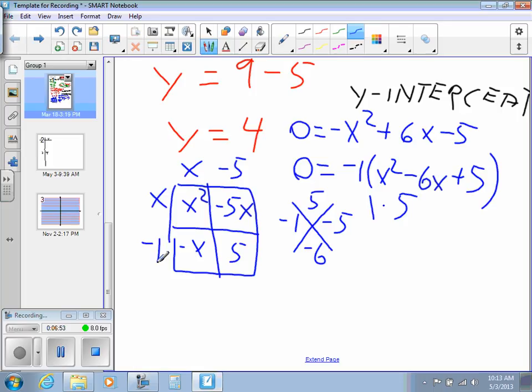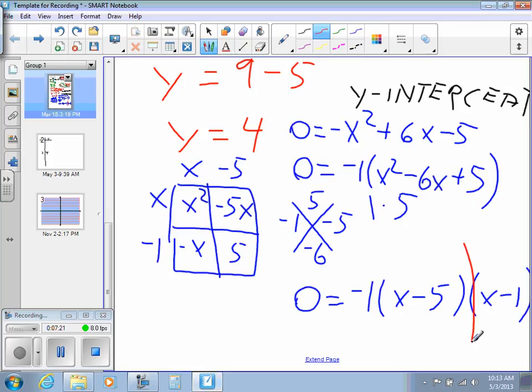So the factored form, I now have an equation of 0 equals -1 times (x minus 5), there's one of them, times (x minus 1). And of course, I'm going to break it apart into 2 equations.